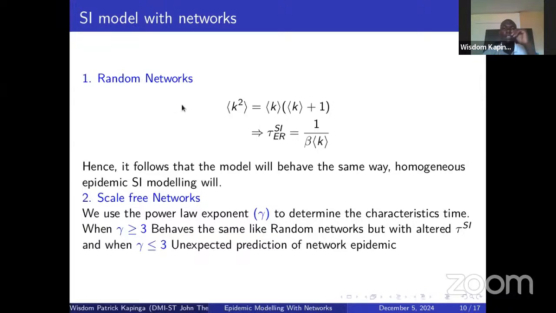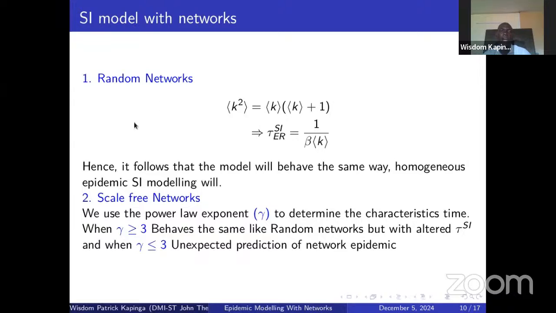With random networks, we still consider the number of contacts. We still take the number of contacts using the average. So if your network is a random network, then it doesn't make any difference when you compare it with the normal epidemic modeling without networks.